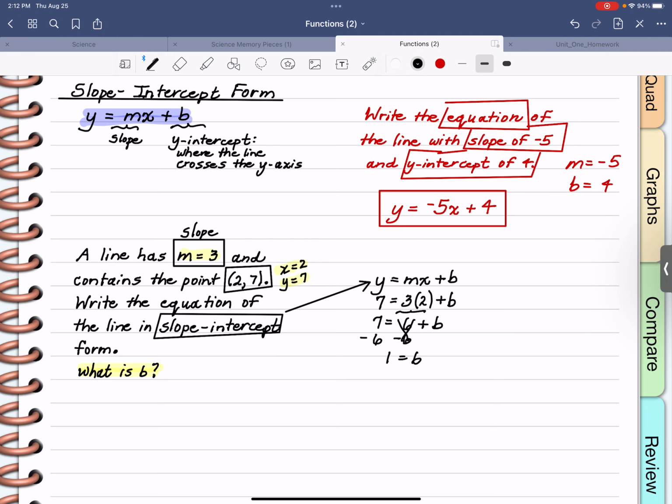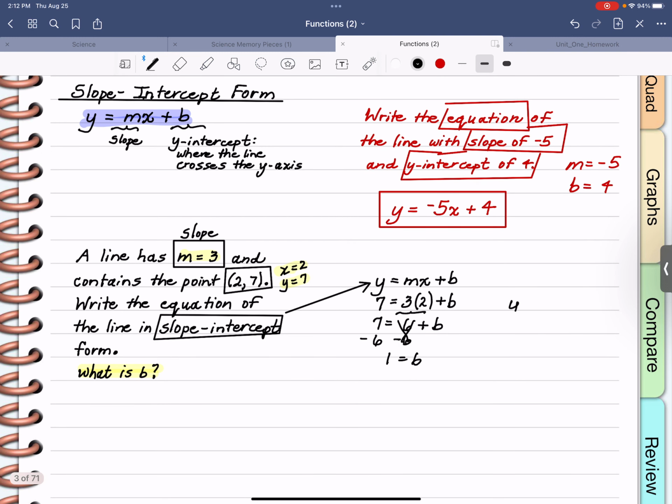Now, using my same pattern, we're still in that slope-intercept form, we're going to say y equals m, that's 3, x plus, we just found b, 1. This is the equation of the line. And you say, well, you didn't use the 2 or the 7 in the equation.